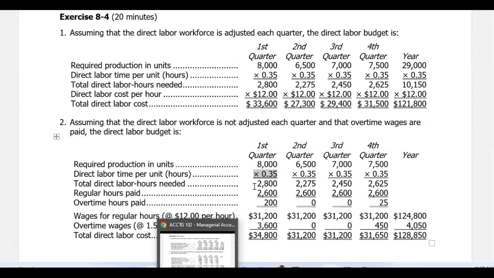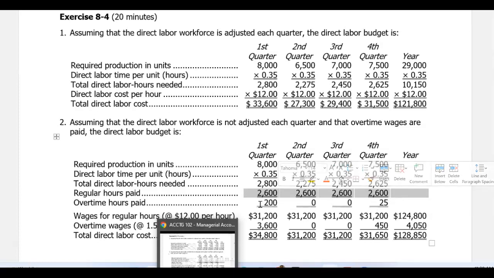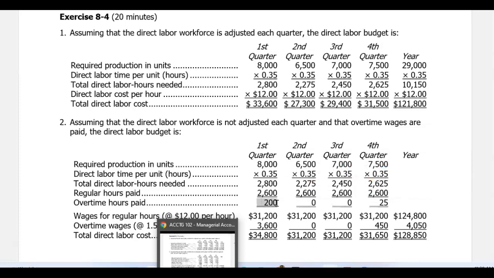And that ends up to be 2,800 labor hours needed. And we know that regular hours paid is 2,600, no matter what, for each quarter, 2,600 hours. So if they work over 2,600 hours, and we are one of those companies that is going to pay for overtime, then you can see that overtime here is 200 hours. Okay, so 200 hours are overtime. And in quarter 4, 25 hours are overtime.